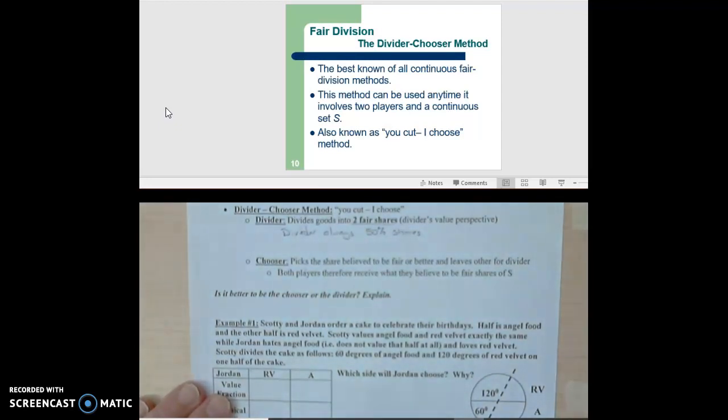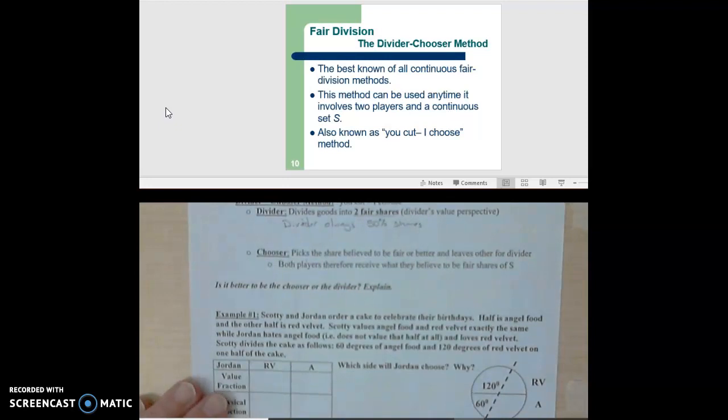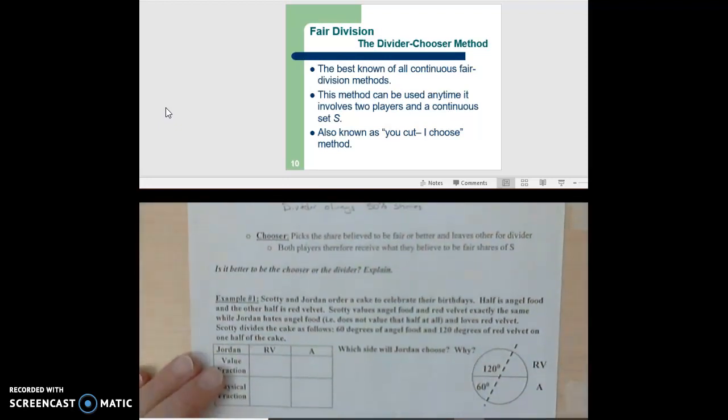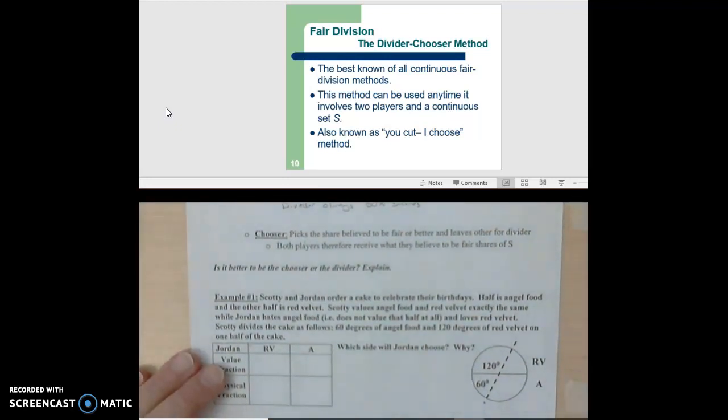Then the chooser will pick from the two pieces that he's cut, and they're always going to pick what they feel is their fair share. So they're always going to, at least in their mind, get 50%, if not more. But both players, therefore, will receive what they believe to be a fair share.